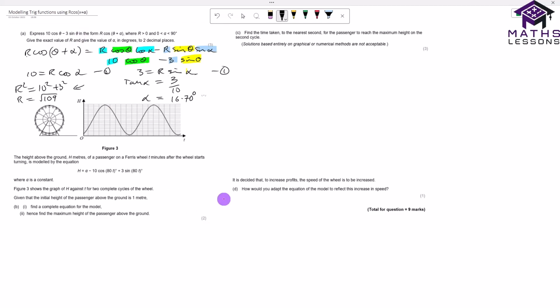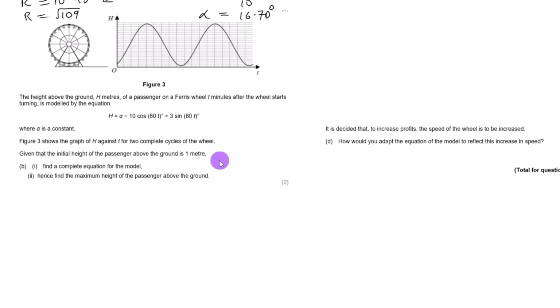Now we want to find a complete equation for the model. We know that the initial time is 1 meter above, so at t equals 0, part b, part 1, at t equals 0, we know that h will equal 1. Now if we put t equals 0 into this expression, 80 times 0 is 0, sine of 0 is 0, so this is all 0. 80 times 0 is 0, cos of 0 is 1, so this is 10.